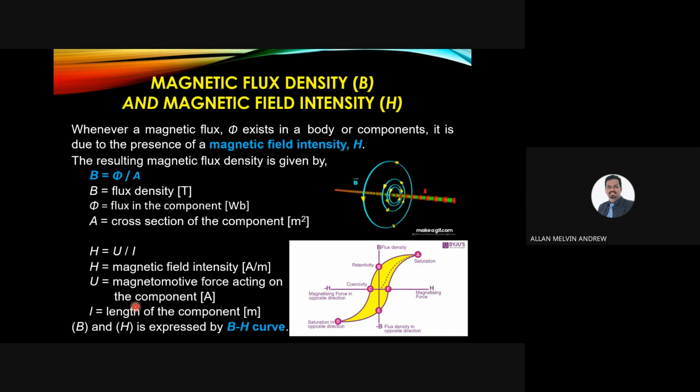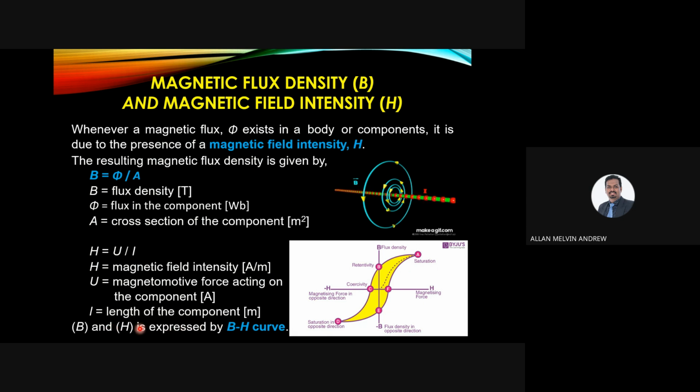And for the H, the formula is H equals U over L. So this is for the intensity, and earlier was for the density. H is the magnetic field intensity in A per m. U is the magnetomotive force acting on the component, so how much magnetic force is acting on that particular component, and L is the length of the component.